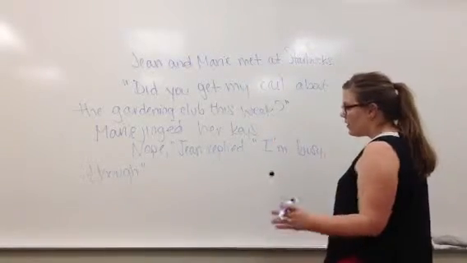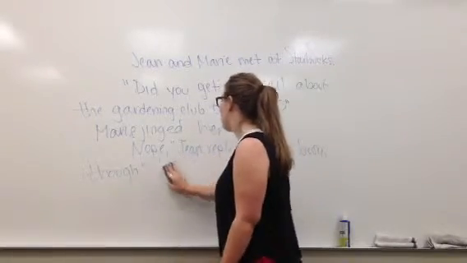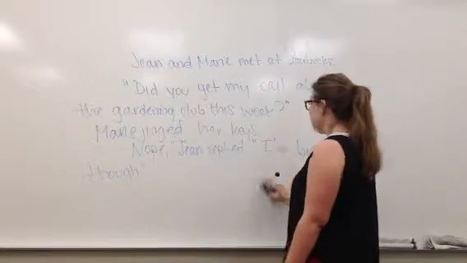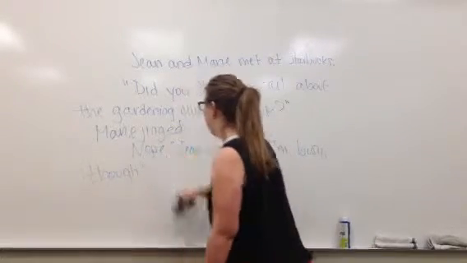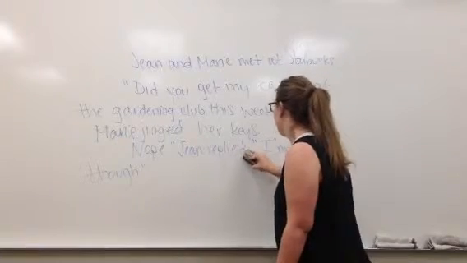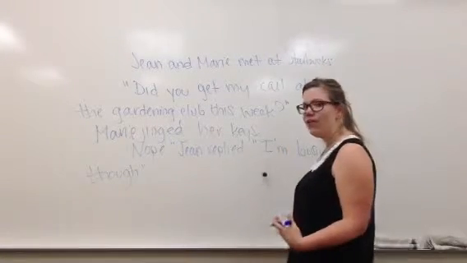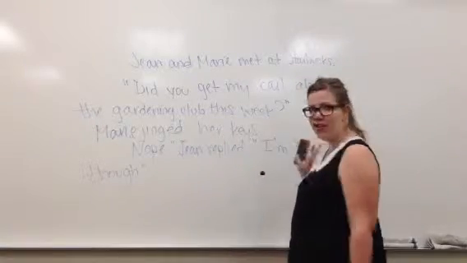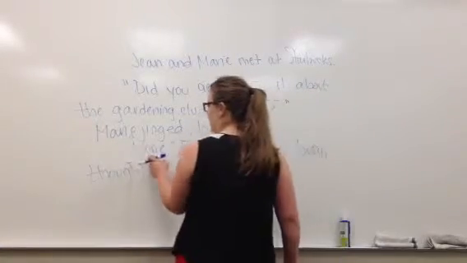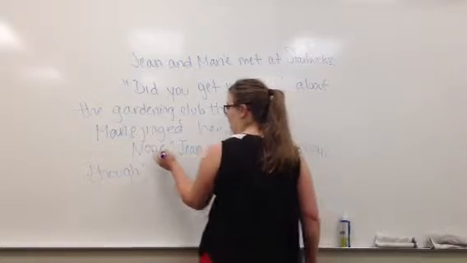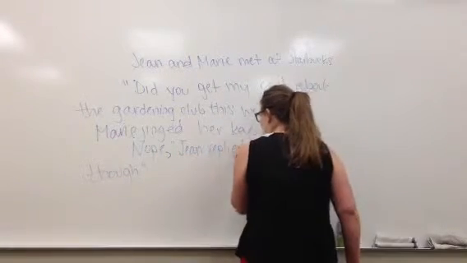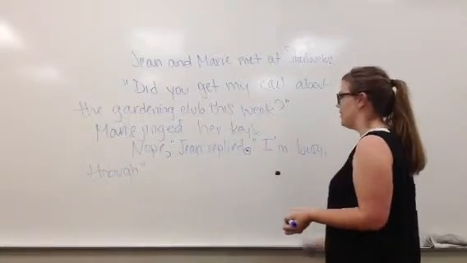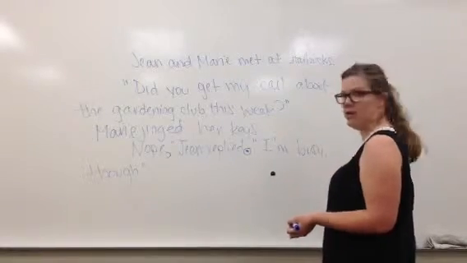Next thing, a couple of you are struggling with punctuation around your line. So you might have, nope, Jean replied, I'm busy though. The sound of the sentence is still the same, but you don't have any punctuation in here. So it all runs together and it's frustrating. So if you have a line of dialogue with the dialogue tag, you add punctuation, and then you end punctuation on that sentence before you move on to the next one, right?